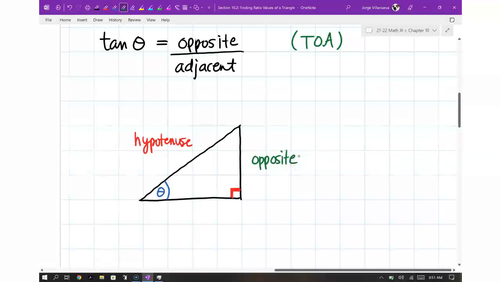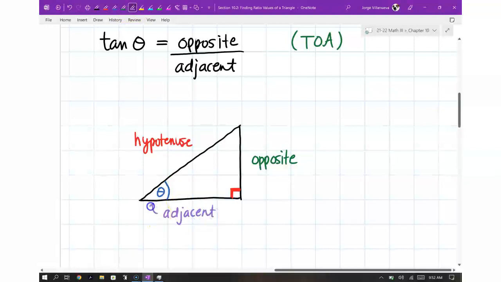I always tell people, think of that angle like an eyeball, and here are the eyelashes. Where is it looking? It's looking straight across. So that's your opposite side. Think of it like an eyeball that's looking across from it. That's how you can tell your opposite side. And notice your adjacent side.